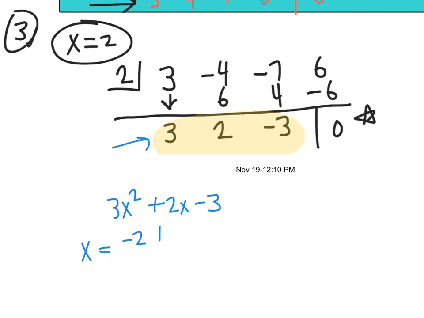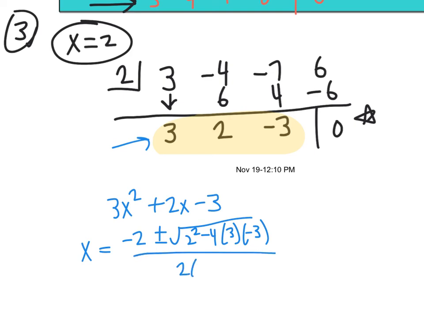Negative b plus or minus square root of b squared minus 4 times a times c all over 2a. And let's see what the other two zeros end up being.